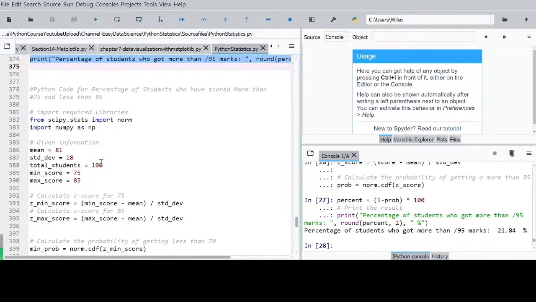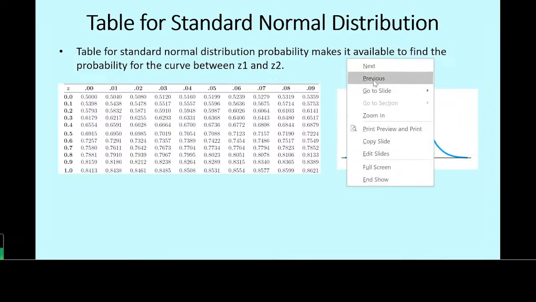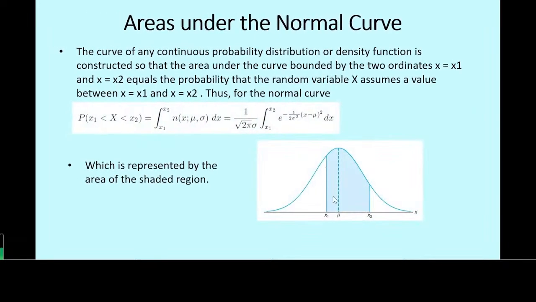And the third question is to calculate the percentage of students who have scored more than 75 and less than 85. So this means we want to calculate this shaded area.